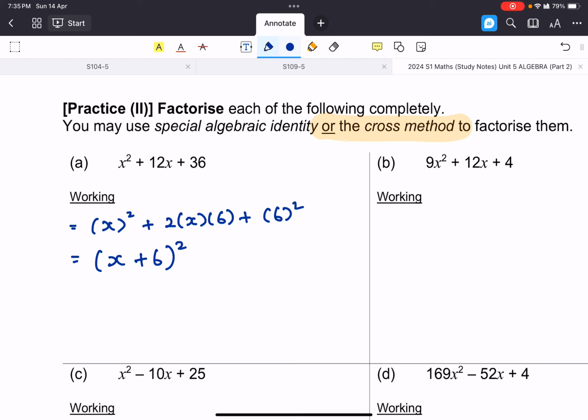There we go, successful. Okay, so it doesn't take too long. If you know your special identity very well, this entire process is so fast, right? Just a split second. Okay, you can use the cross method, but as I mentioned earlier, with the cross method you have to work out and test out all the different combinations. It's time consuming. It works, but it's time consuming.